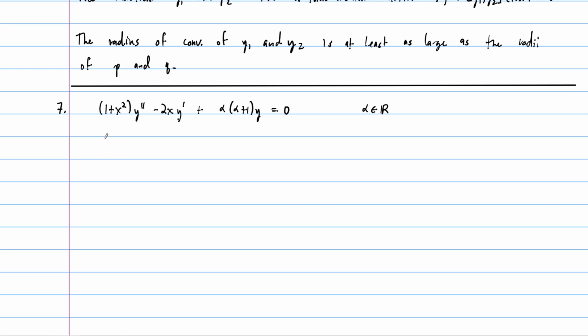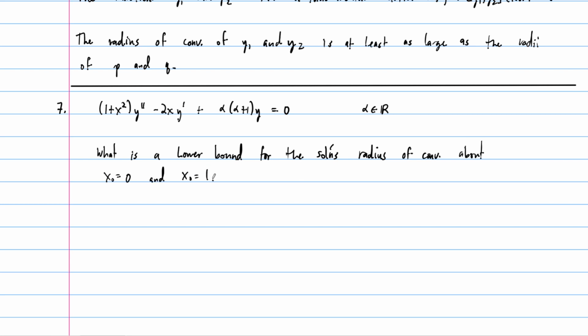I want to know what is a lower bound for the solutions' radius of convergence about two different starting points. So x0 equals 0 and then x0 equals 1.